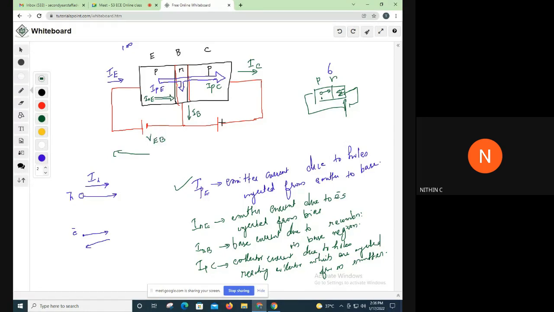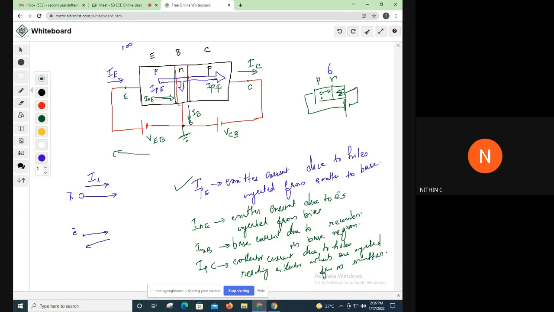Here this voltage is connected to collector and base, so this can be represented as VCB. Ground this. See, this is the base terminal. This is your emitter terminal, and all the currents are also marked.